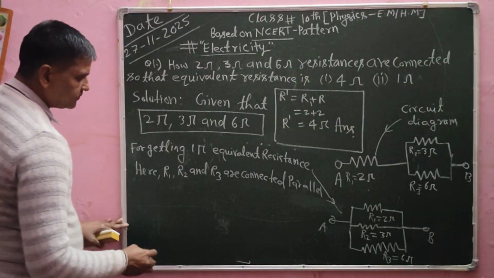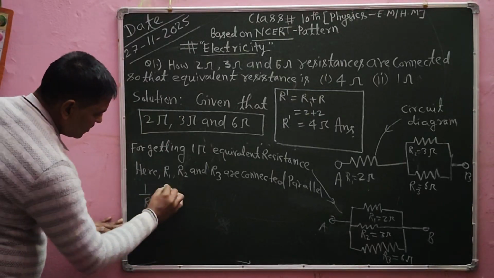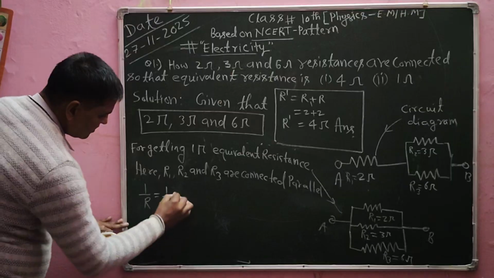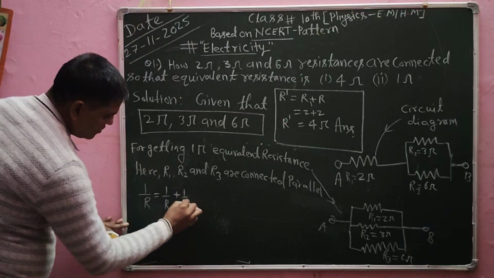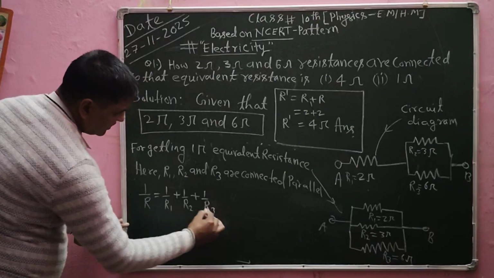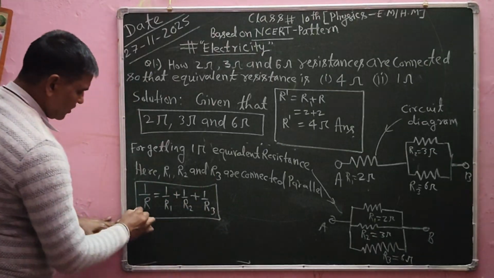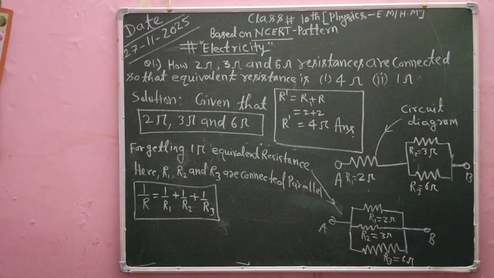So the equivalent R is equal to 1 by R1 plus 1 by R2 plus 1 by R3. This is the equivalent resistance of these three resistors.